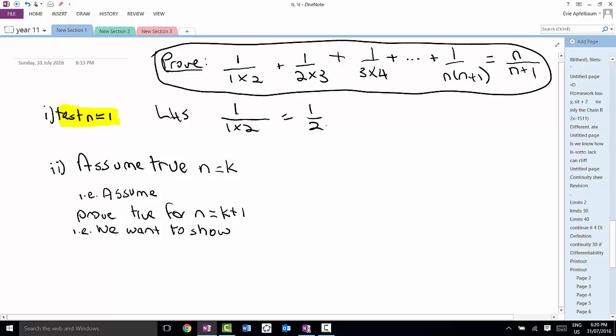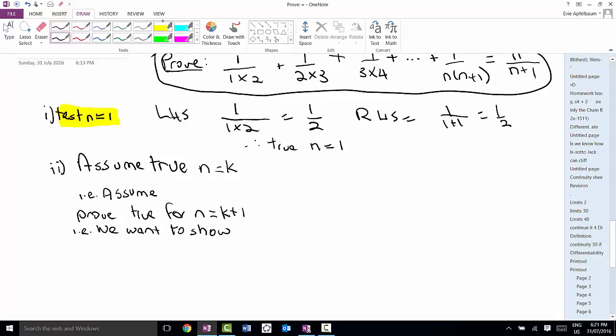That's a half. Right-hand side, that's going to be equal to 1 over 1 plus 1. That's equal to a half. So we can write, therefore, true n equals 1.